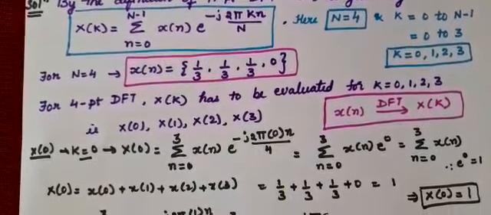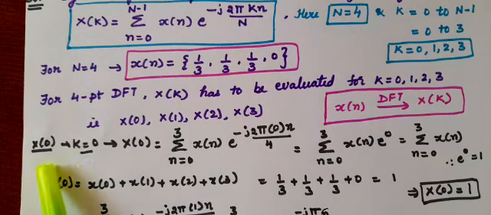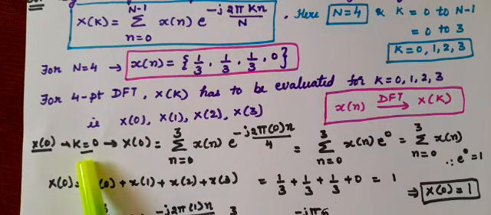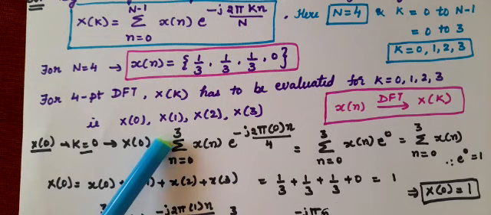Now first let us compute capital X of 0, k value is 0. Substitute k as 0 in the given equation. X of 0 is equal to summation n is equal to 0 to capital N minus 1.